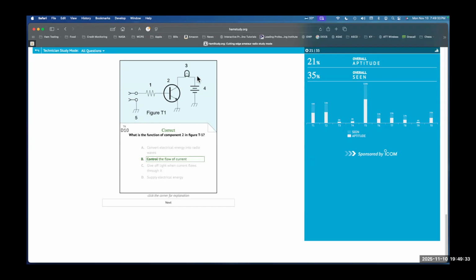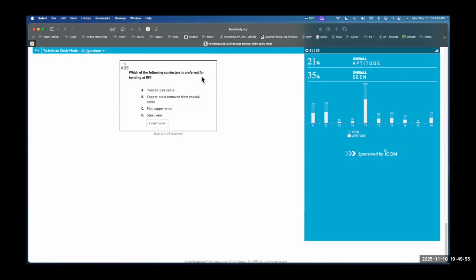You've got a lamp here and a battery, so it's going to control the current. But this is going to a ground, so to me, it's either going to send it this way or it's going to send it to the ground. So it's kind of my way of remembering that it's controlling where that current flows.